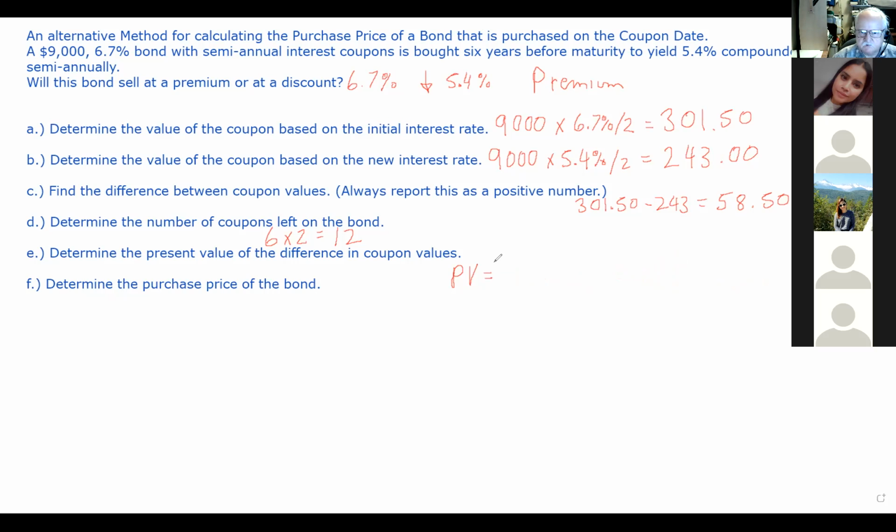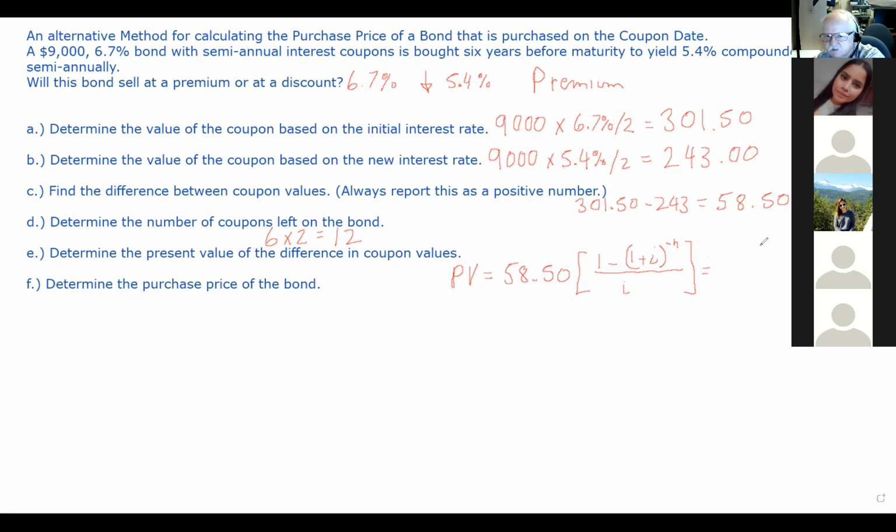Present value equals 58.50 times 1 minus 1 plus I to the power of negative n, over I. And that makes sense because this isn't just happening once, this is happening a whole bunch of times.